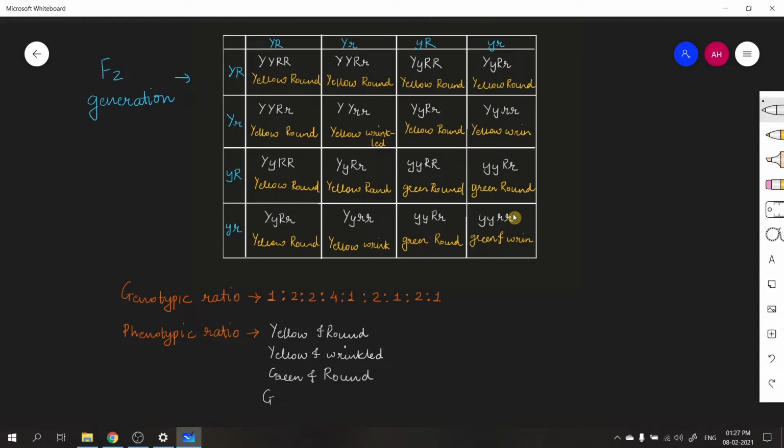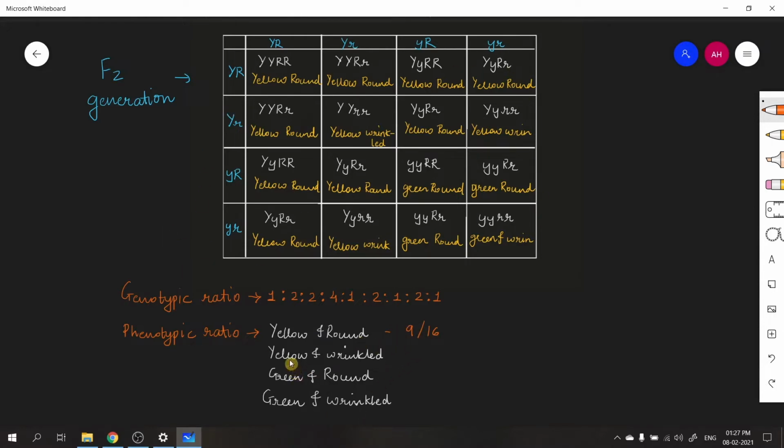Alright, and the fourth one is green and wrinkled. Fine. Let's now write down the numbers. So as you can see, if you count total yellow and round phenotypes in the box, you would see it occurring 9 times. 1, 2, 3, 4, 5, 6, 7, 8 and 9. Right? So number 9 here out of 16. So out of 16 possible phenotypes, 9 of them are yellow and round.